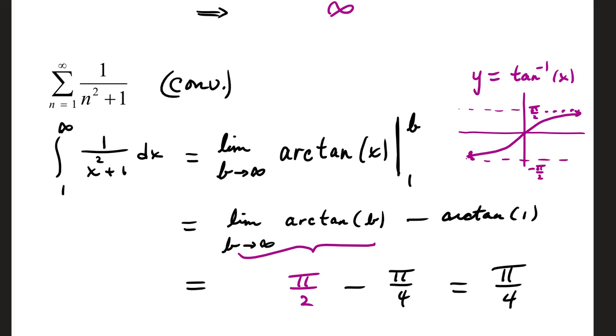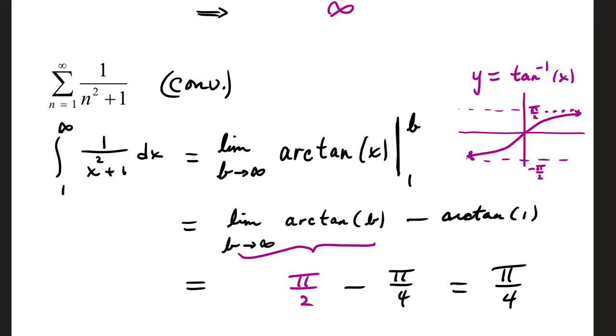This is a special fraction here. Its antiderivative is tangent inverse of x. Over here in purple, just as a reminder of what the graph of tangent inverse x or arctan of x looks like. The larger b gets, the closer you get to this horizontal asymptote of pi over 2.